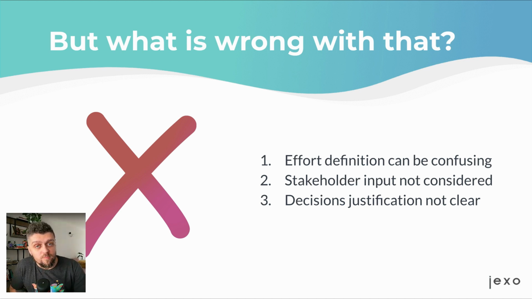Also, there's no way to capture the logic behind prioritization decisions. More often than not, I see an item being prioritized as critical and it has absolutely no information on why that item is critical. It has a description of the issue, but it doesn't pinpoint why an item is the priority that it is supposed to be. Now, there are teams that use some sort of mechanism that comprises comments or such, but more often than not, the process of why something was prioritized as critical, let's say, is not very transparent.